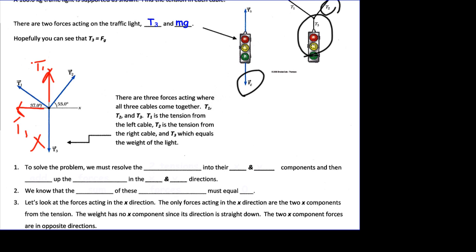And our other object is also going to have an x component and a y component. And you really have no idea necessarily which one is going to have a bigger y than the other, so it doesn't matter. Just try to make T1y and T2y look the same as T3 as far as magnitude goes.